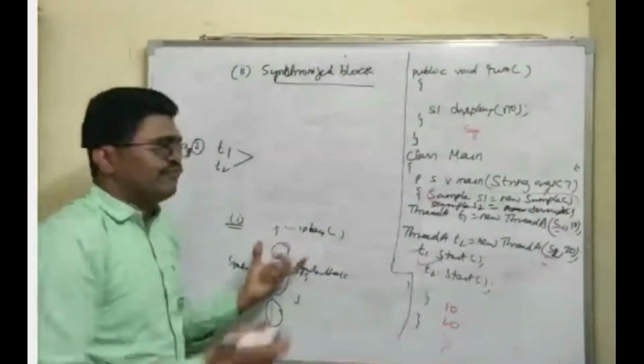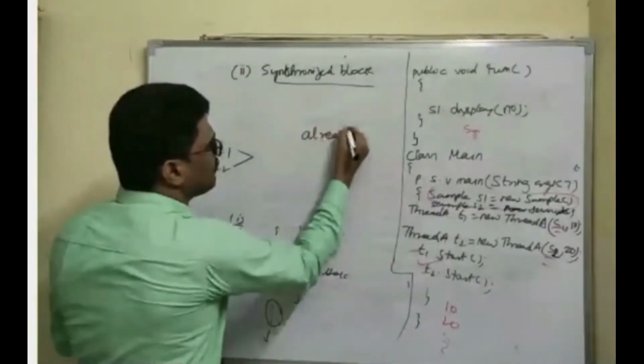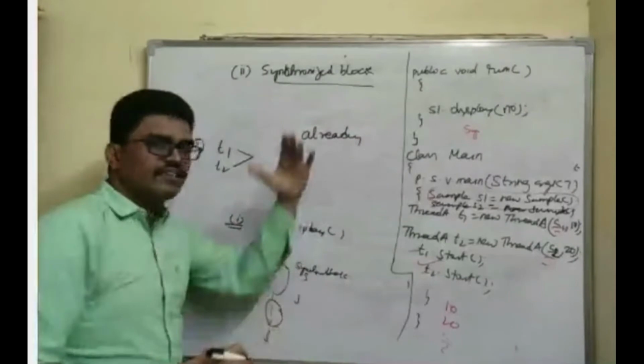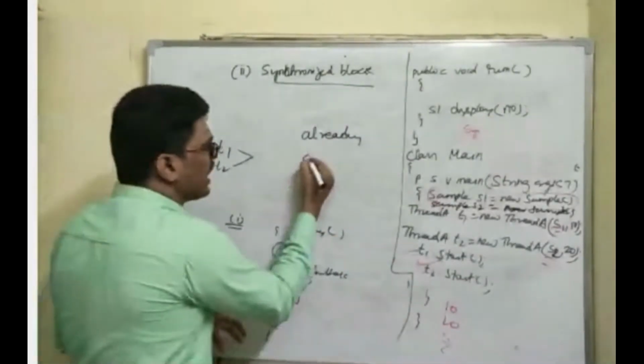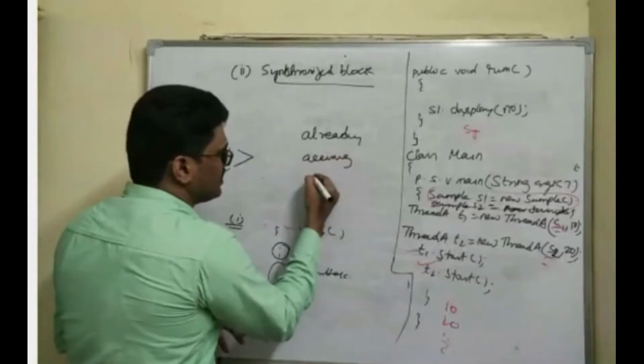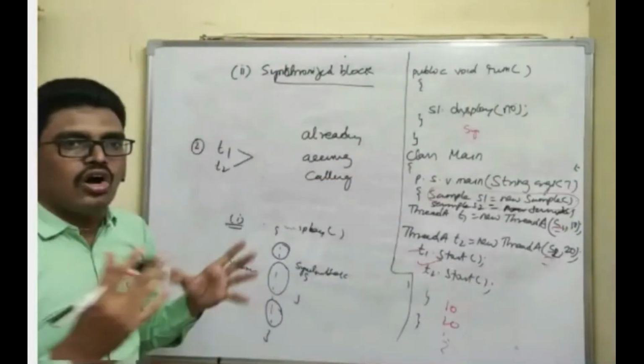But if your threads are accessing a method which already exists in Java, or someone else has defined it, you don't have the definition, you are just calling that method. Then how are we going to synchronize?